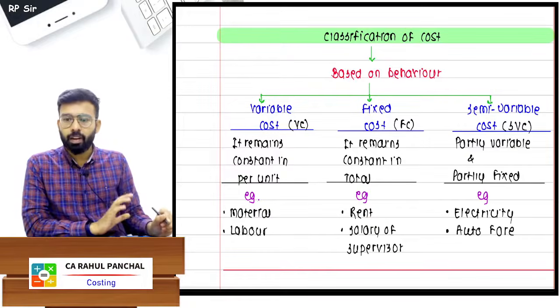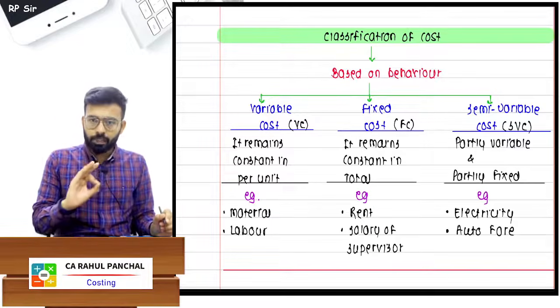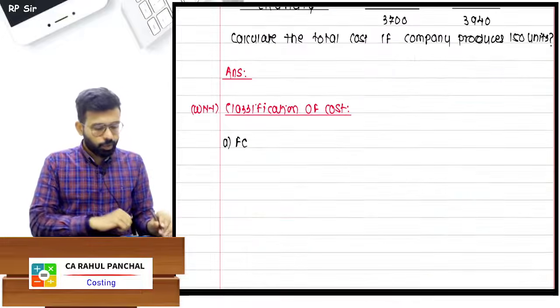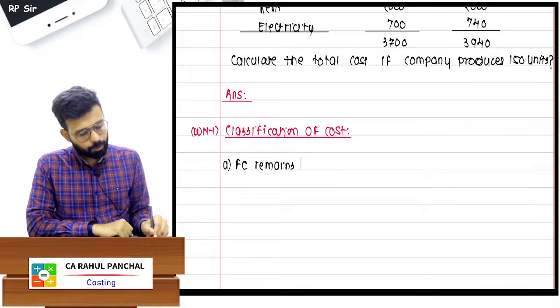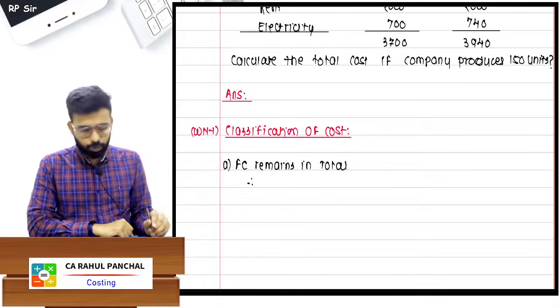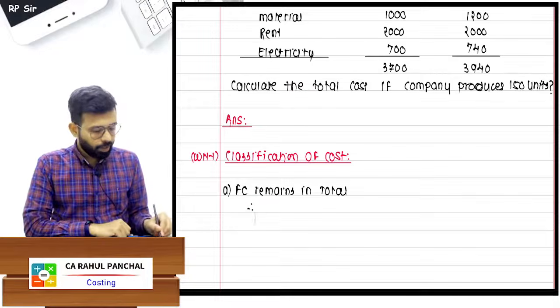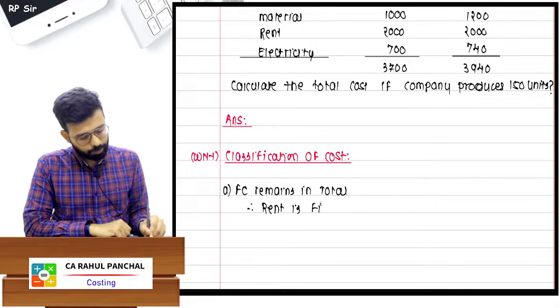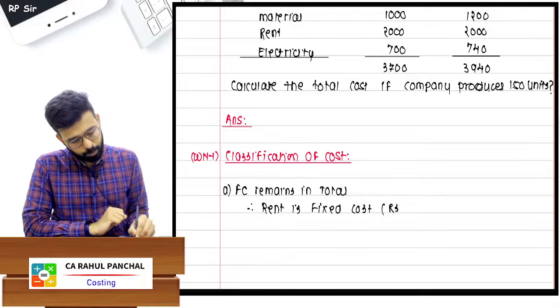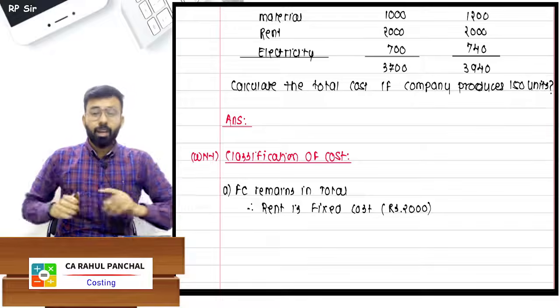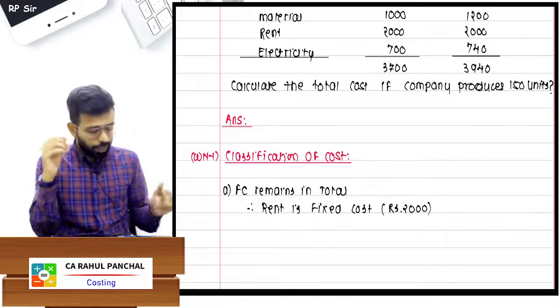Now, FC remains constant in total. Therefore, you can see 2000, 2000. Therefore, rent is fixed cost, rupees 2000. So out of these three costs, first I am clear which one is your fixed cost.